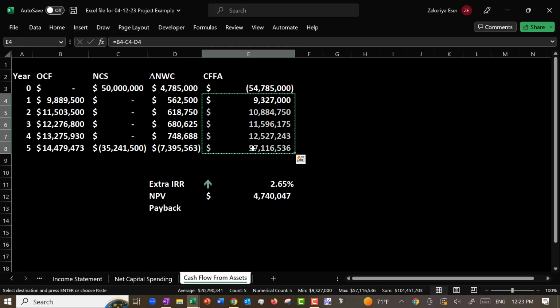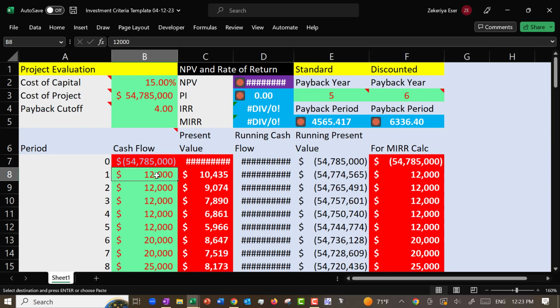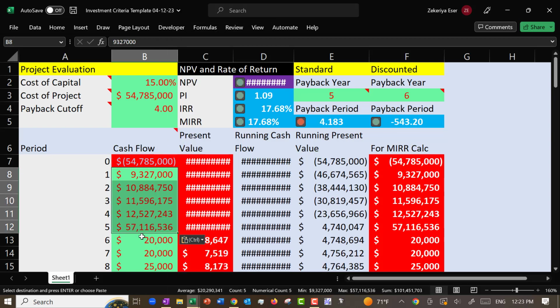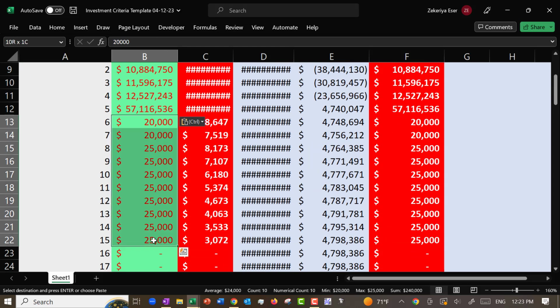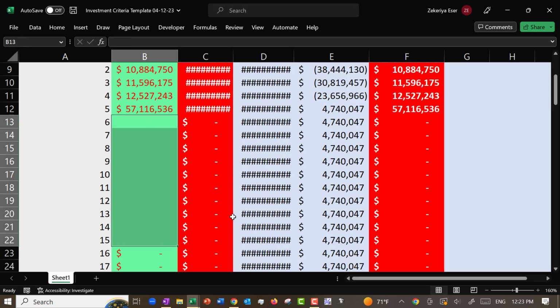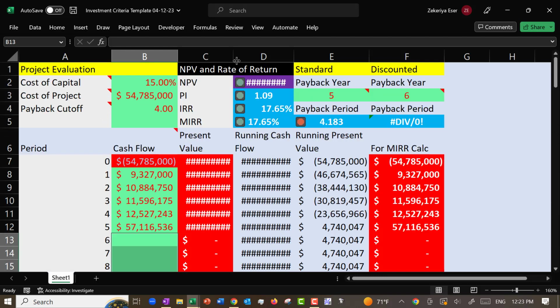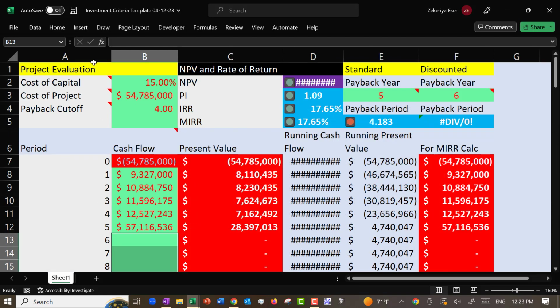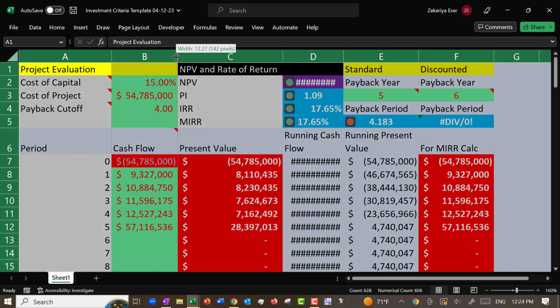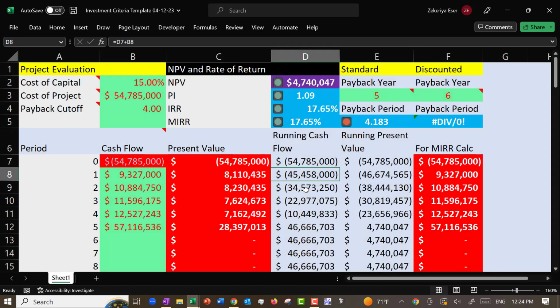Future cash flows. Of course, take all of that out. This is something that handles up to 100 periods. If you ever needed it, you can always use it. I strongly recommend it. You keep something like this for your own future purposes.